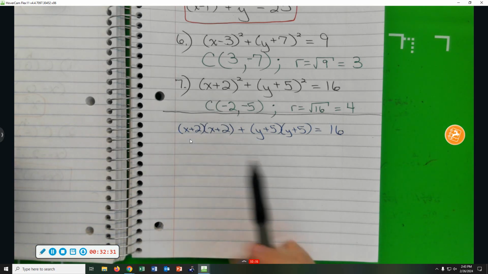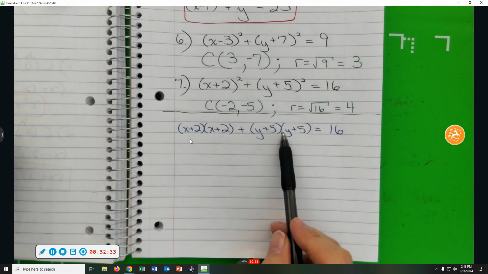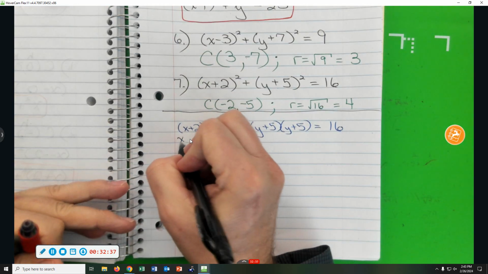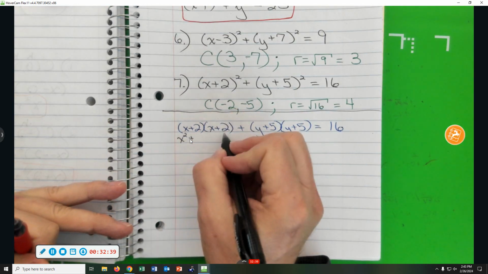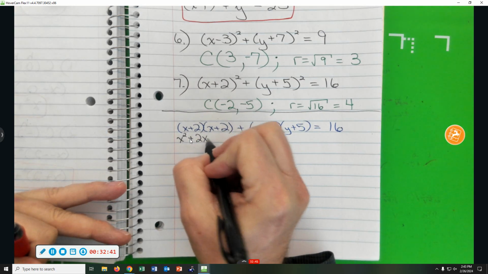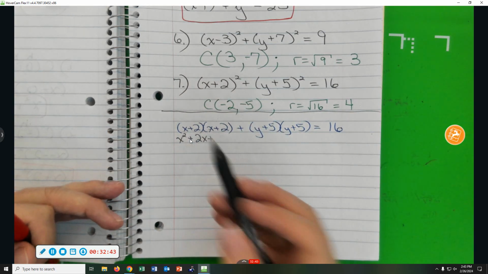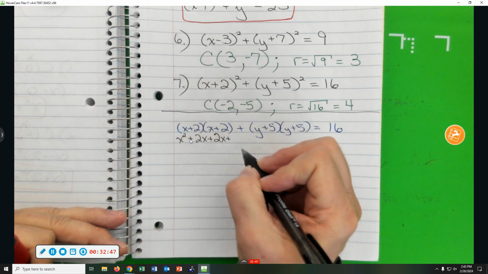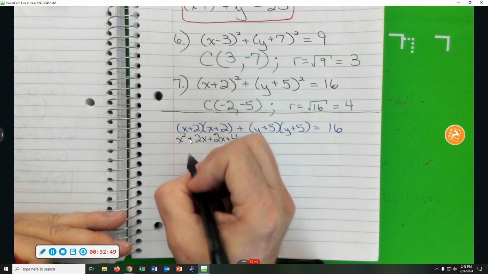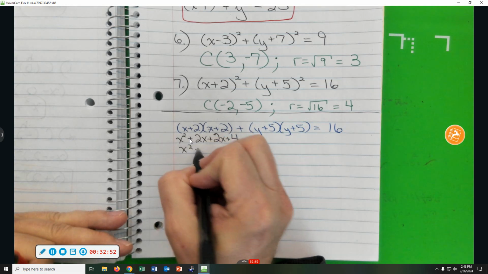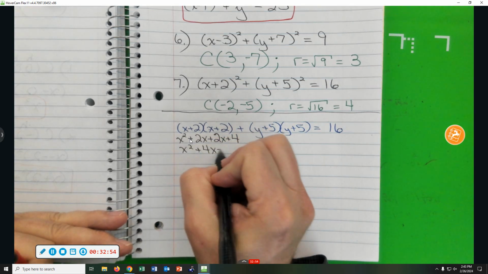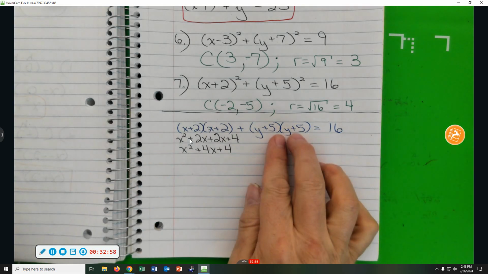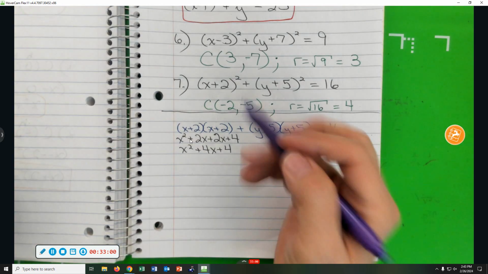But, so we write it twice, and then we start FOILing out. That's an x squared, plus outer is 2x, inner is 2x, last is 4. So that simplifies to x squared plus 4x plus 4. Now let's do the y plus 5 times the y plus 5.